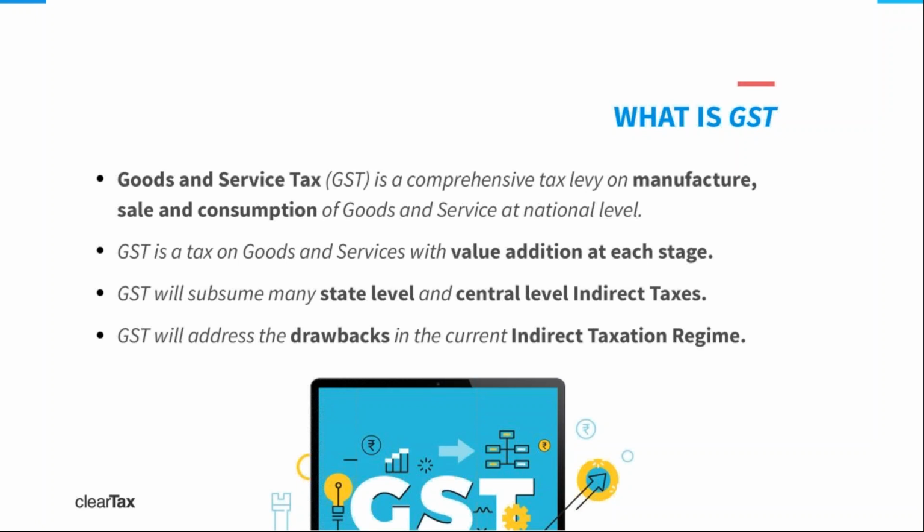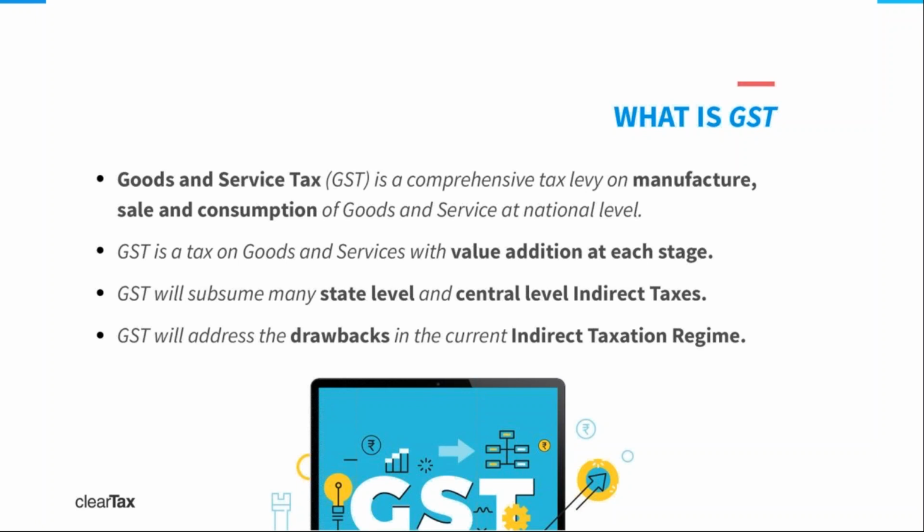This GST is comprehensive because today we have multiple taxes under multiple regimes. We have state level taxes, for example, value added tax, entertainment tax, entry tax, octroi, and then we have central level taxes, which are excise duty, customs duty, and service tax.